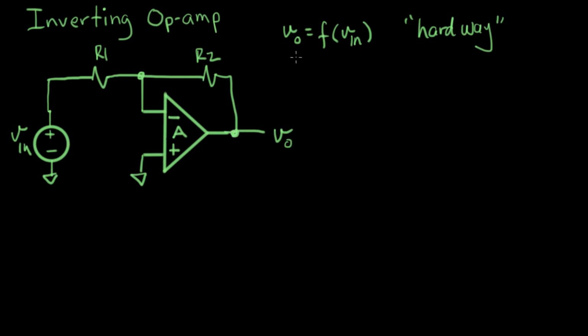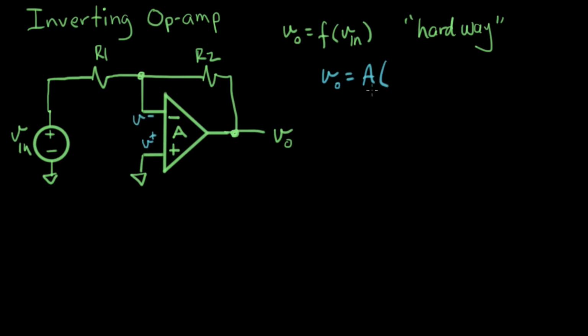Let's develop an expression for V out in terms of V in. First, let's write some things we know about V out. We know that V out equals A times, usually it's V plus minus V minus. This is V plus. This is V minus.